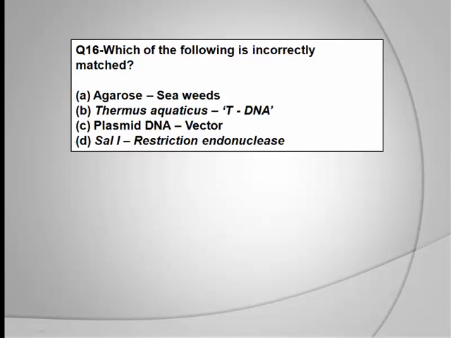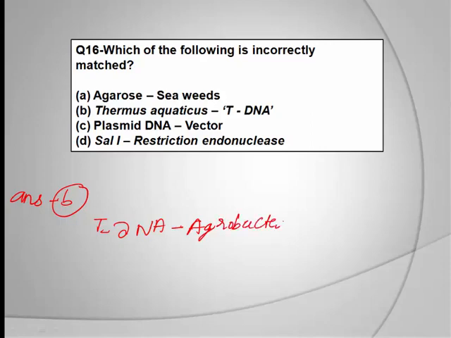So here it is wrongly matched. The answer for this is B, because the tDNA is present in Agrobacterium.